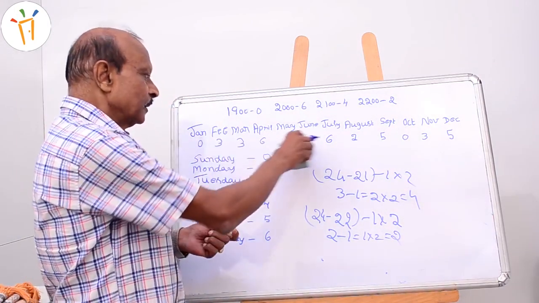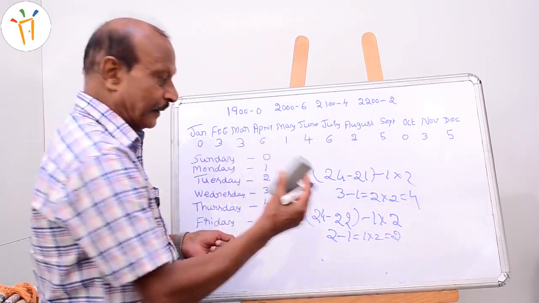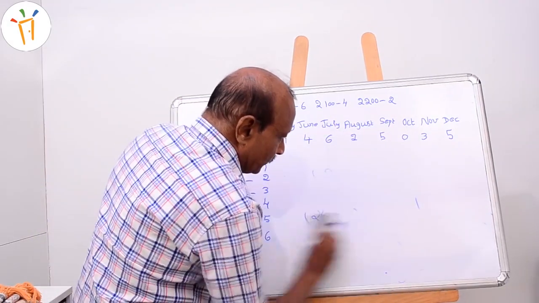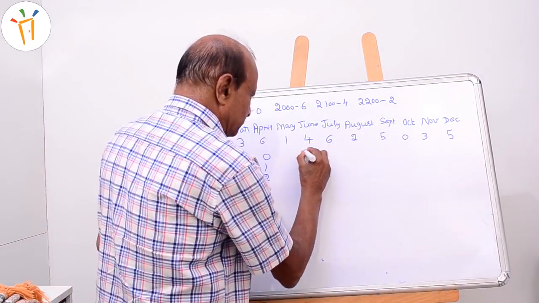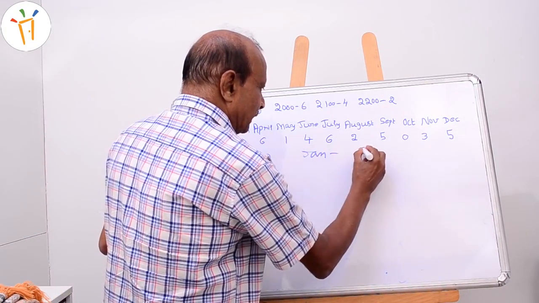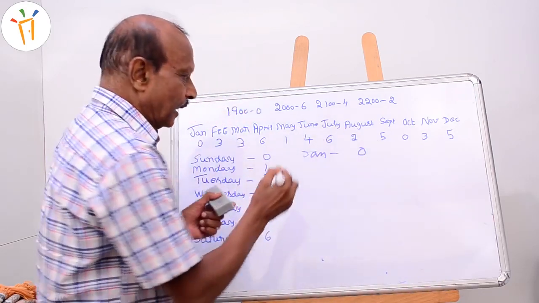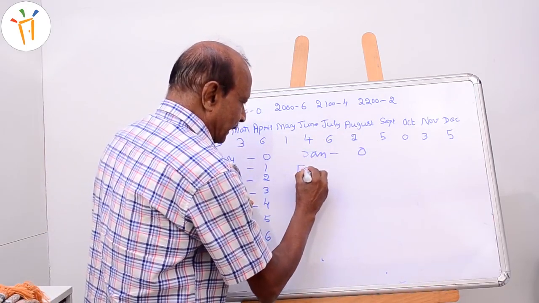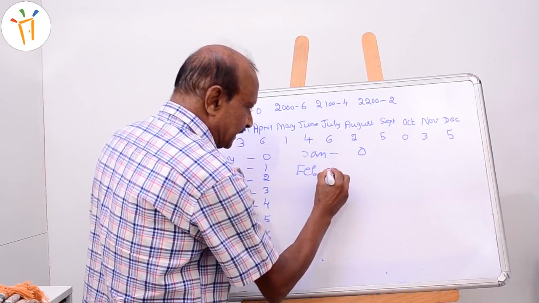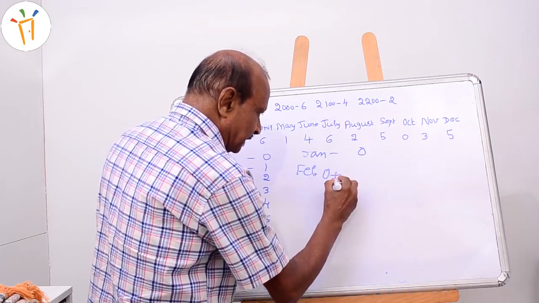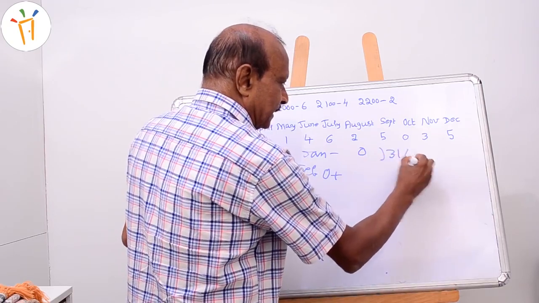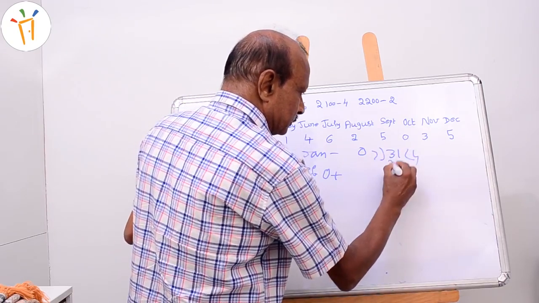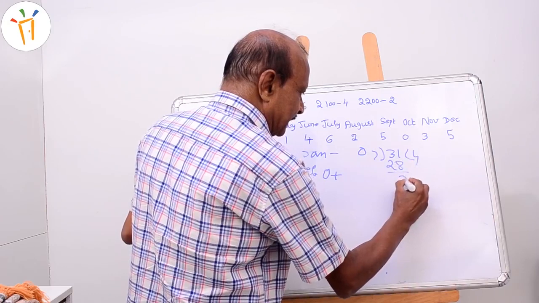Now I will come to the months' code numbers, how I have given them. You see, January I have given code number 0. Put it as 0 first. How have I come to February? Put this 0 first, then plus January has 31 days. Divide this by 7. The remainder is 3.